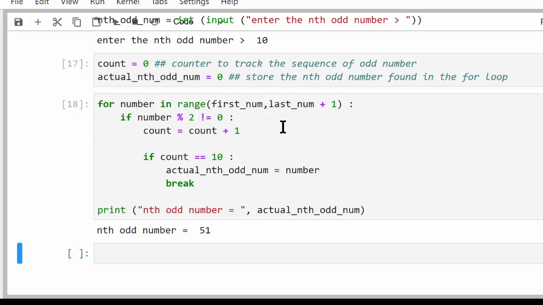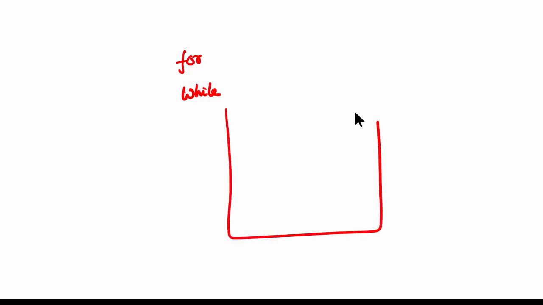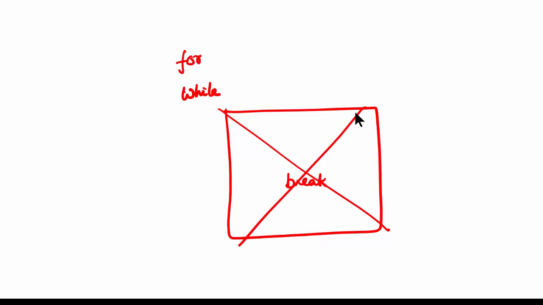All right, that was the break statement. So just to reiterate, a break statement works by breaking out of a for or a while loop. Could be any of those. As long as it's looping within that block, wherever you write a break statement, it breaks out of this entire block, number one.